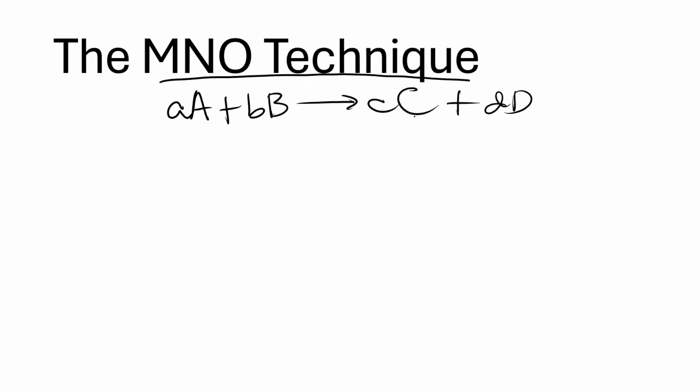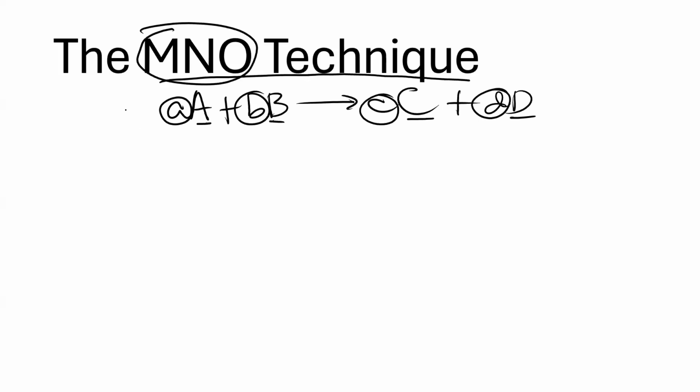In general, if you watched my previous video about the nature of chemical equations, you have aA plus bB forming cC plus dD, where the capital letters are your elements or compounds, your chemical substances, and the small letters are the coefficients that balance chemical equations. The MNO technique stands for the process on how we balance chemical equations.